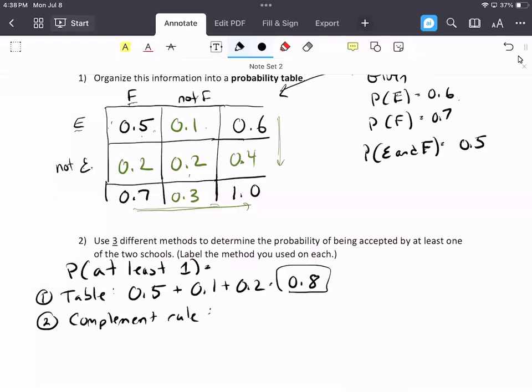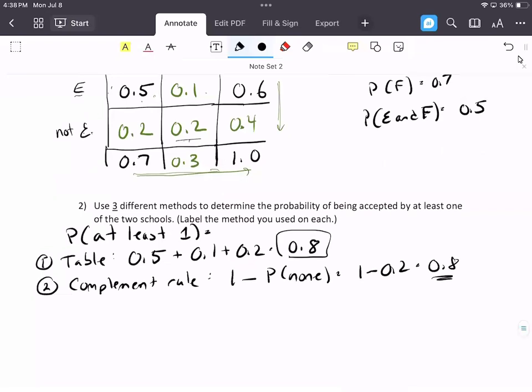Remember, the probability of at least 1 is going to be 1 minus the probability that we get into none. 1 minus, and then I'm going to look at the table and use that 0.2, and I get 0.8. The same number. Perfect.